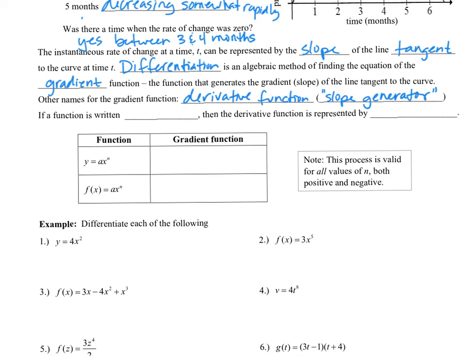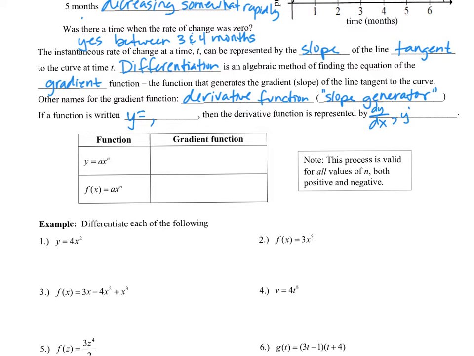So now let's talk about some notation. If a function is written y equals, okay, if it's written in that form, then the derivative of the function is represented either by this notation, dy over dx. What that means is the derivative of the function with respect to x, or sometimes you'll see it written y prime, okay?